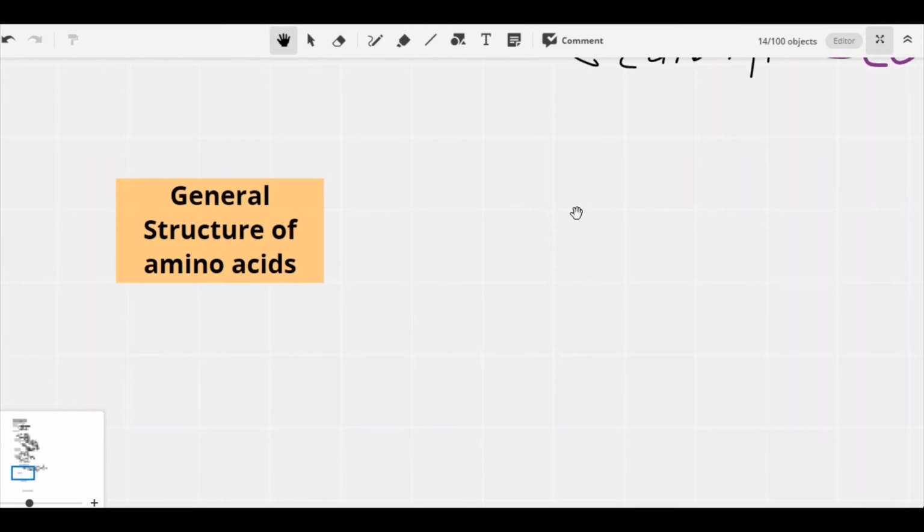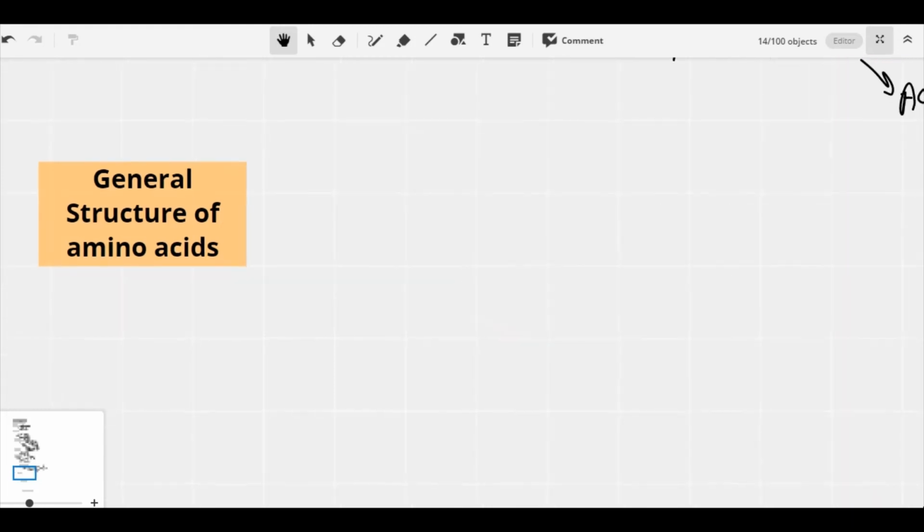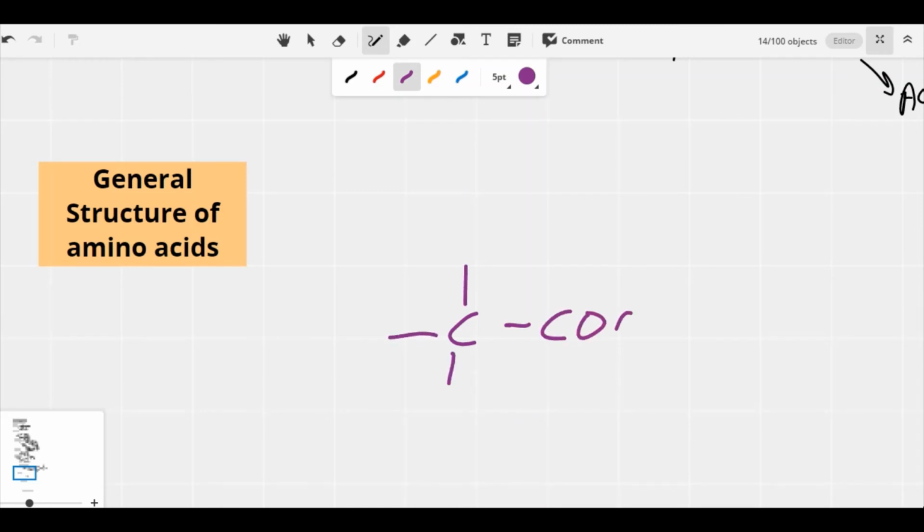Next, as we discussed the general structure here, the amino acid exists as ions. For example, here it makes a zwitterion.